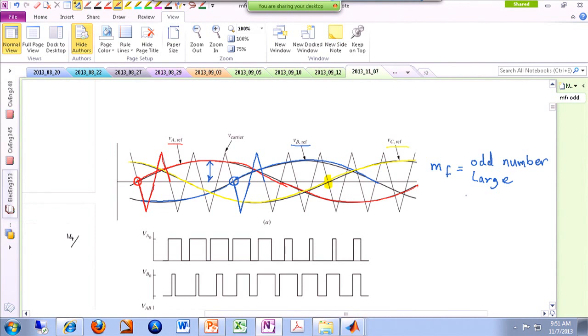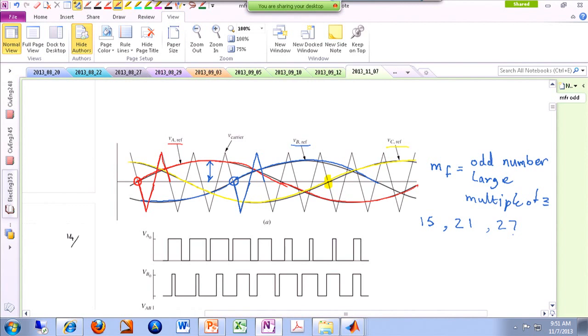It has to be a multiple of 3. So for instance, MF could be 15, okay? Then, I don't know, 21 maybe, 27. You know, these numbers are good values to choose MF from. All right. The rest is the same.